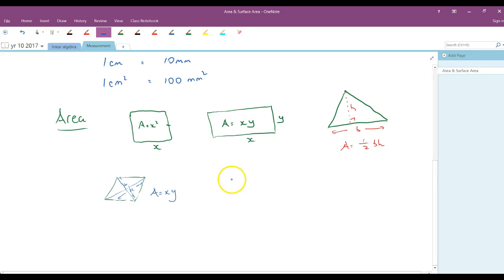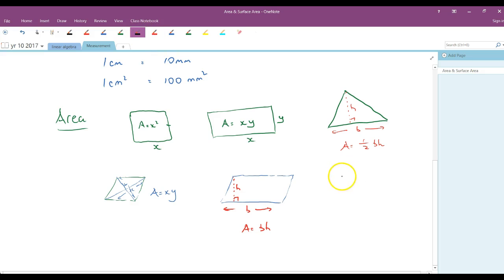Now a rhombus has to have all sides equal. A parallelogram is like the rectangle. It doesn't have to have all sides equal. Here we've got our height and our base, and our area is simply base times height.